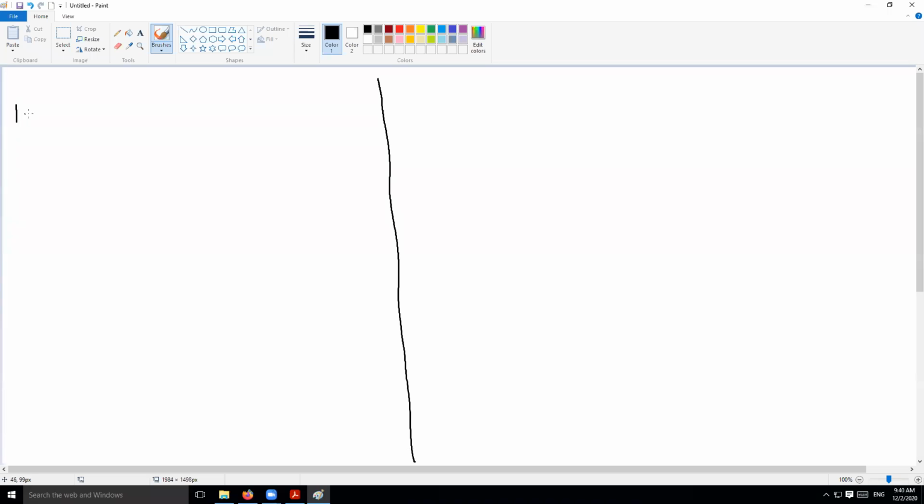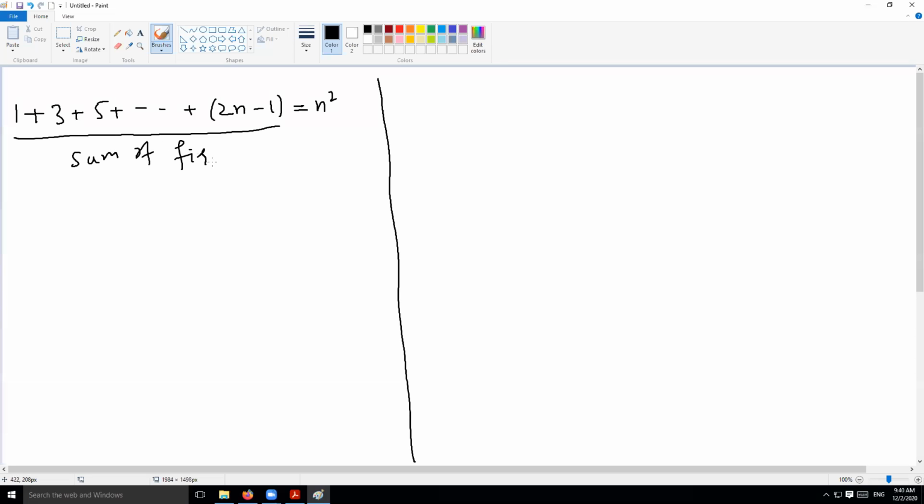And this is called 1 plus 3 plus 5 plus so on and so forth plus 2n minus 1. So this is equal to n square. Okay. So you can say that this is really the sum of first n odd numbers actually.